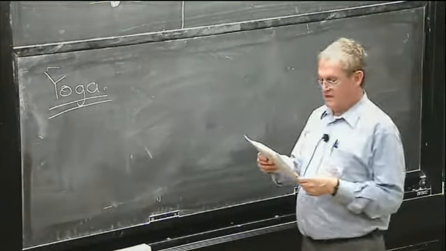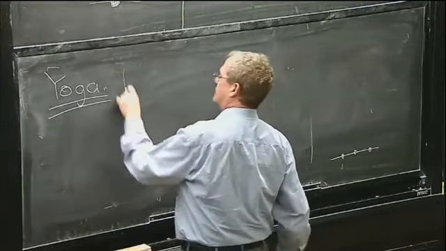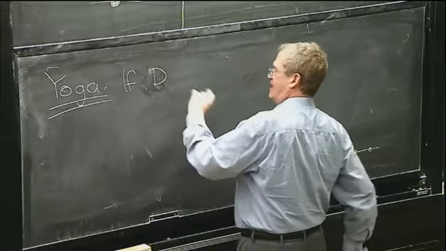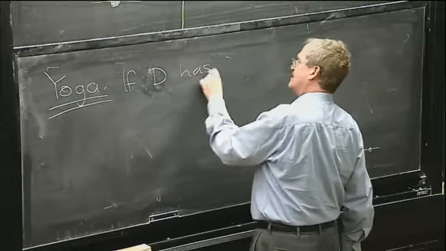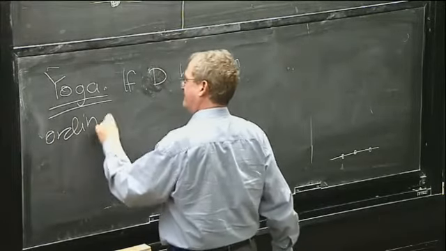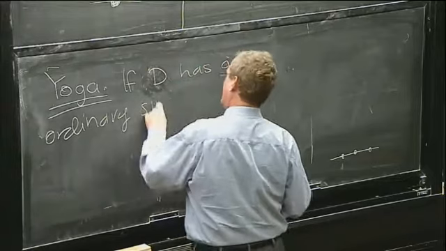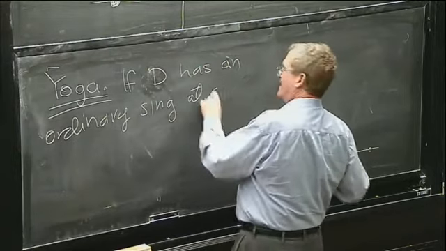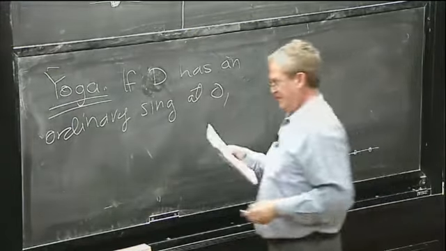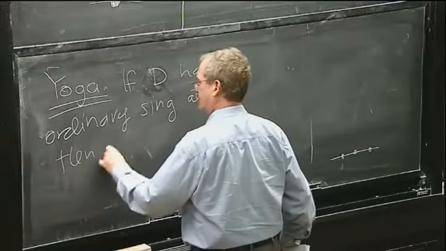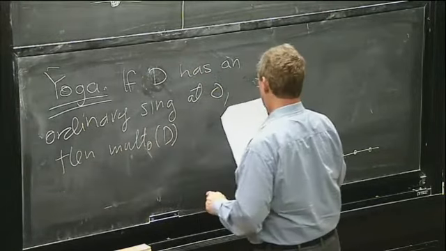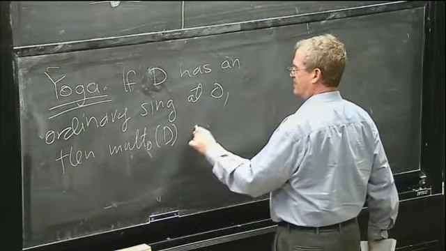The yoga is that if X has an ordinary singularity, if our divisor D or our hypersurface has an ordinary singularity in this sense at 0, then this multiplicity controls any numerical question you might ask. So the multiplicity at 0 of D controls the local geometry, at least in the numerical sense.